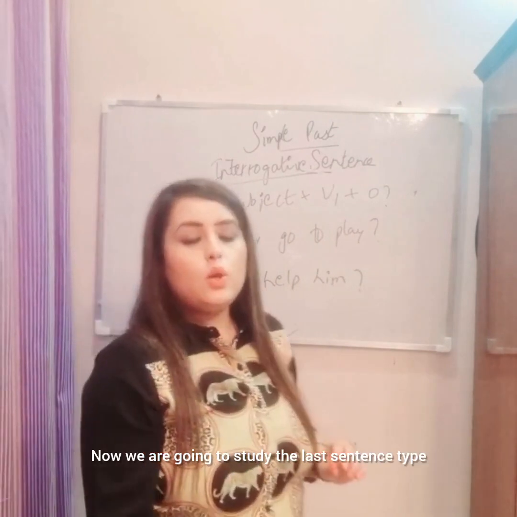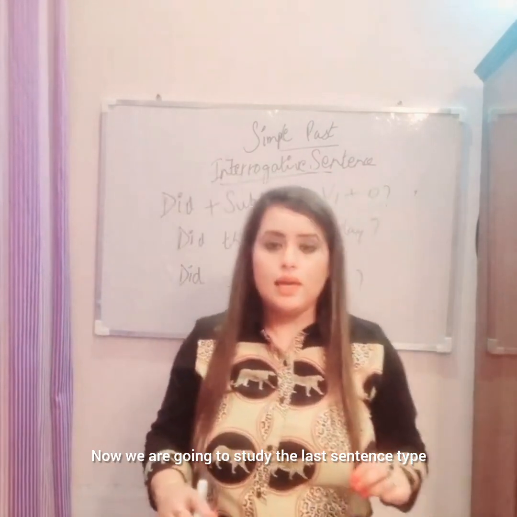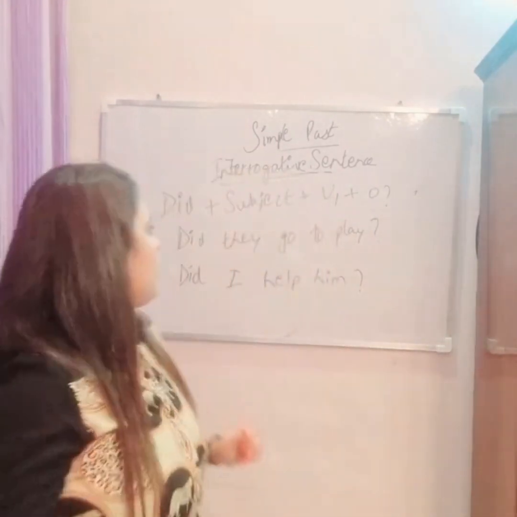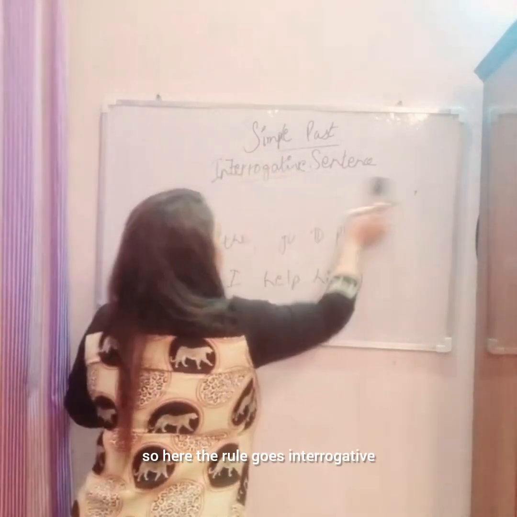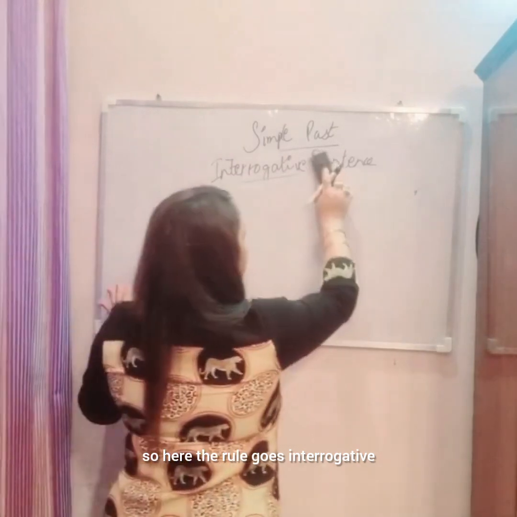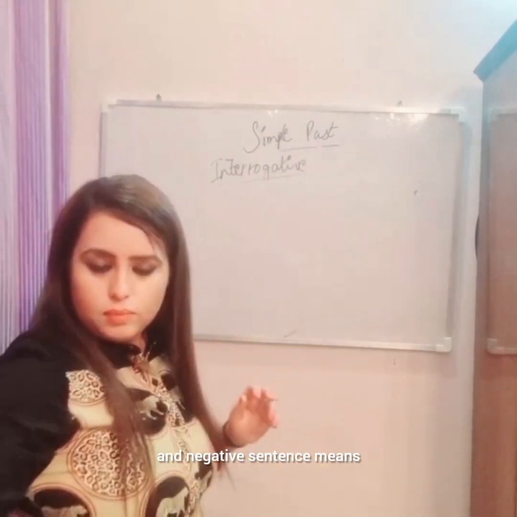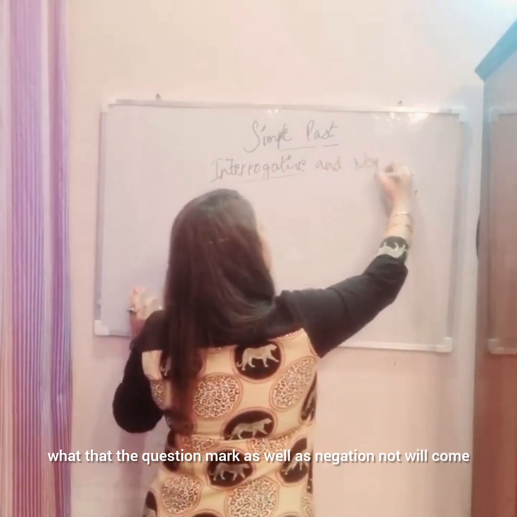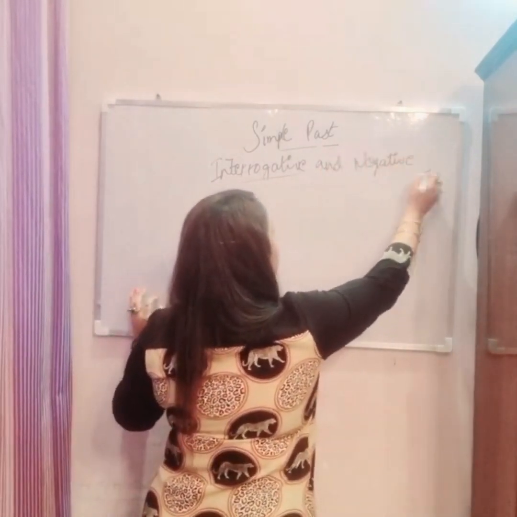Okay, now we are going to study the last sentence type, that is interrogative and negative sentence. So here the rule goes, interrogative and negative sentence means that the question mark as well as negation not will come.